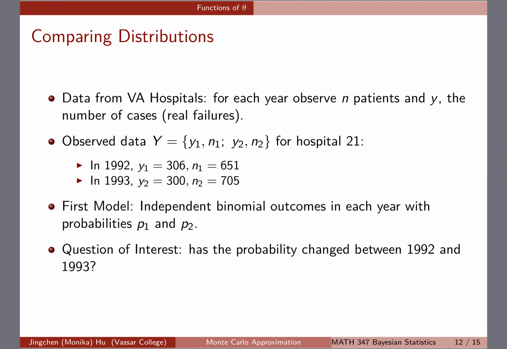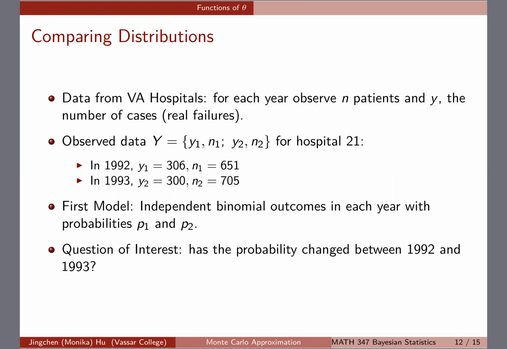If we do that for P1 for 1992, and if you want to use the conjugate prior, you can use beta binomial like we covered, right? For 1993 as well. So how can I put priors for P1 and P2? If we try to use the beta binomial scheme that we covered before, would you want to use the same prior for both of them and see how the posteriors differ?